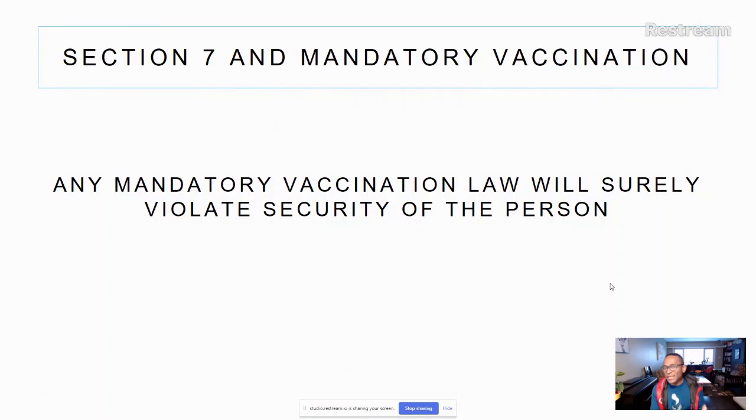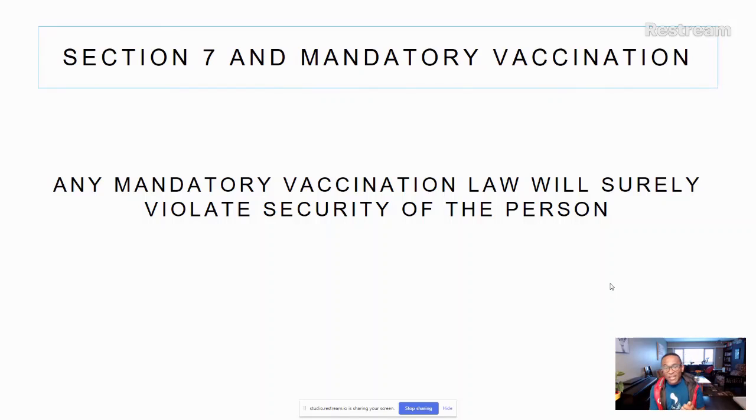But my sense is that any mandatory vaccination law will surely violate your right to security of the person, to personal security. I don't really know how the government is going to enact a mandatory vaccination scheme that doesn't interfere with that, because essentially the government is requiring you to put something in your body.